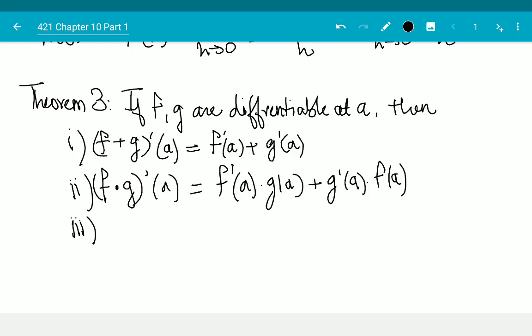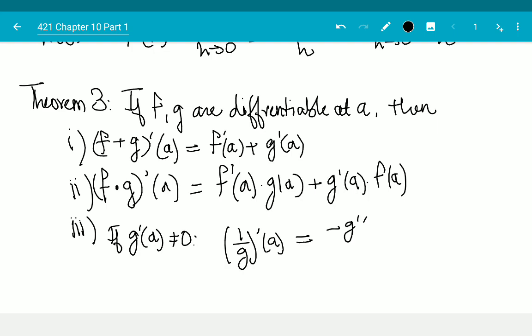Well, if g prime of a is not equal to 0, then 1 over g prime of a is equal to negative g prime of a over g of a squared.